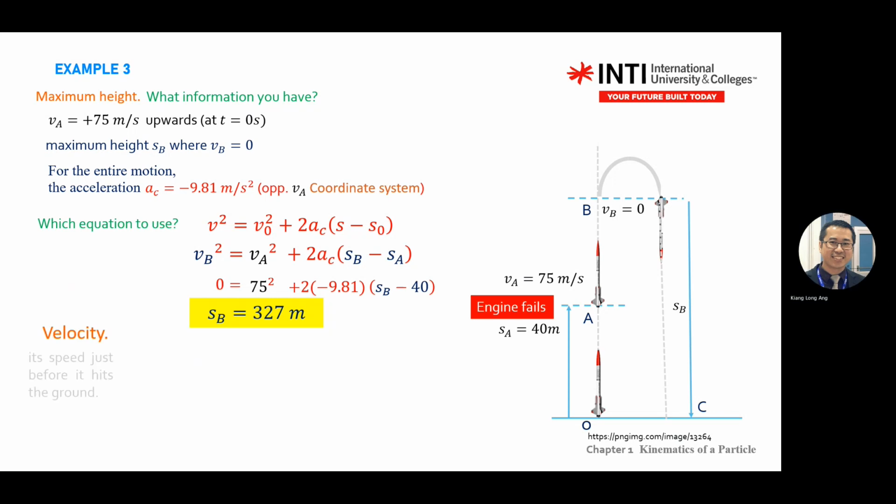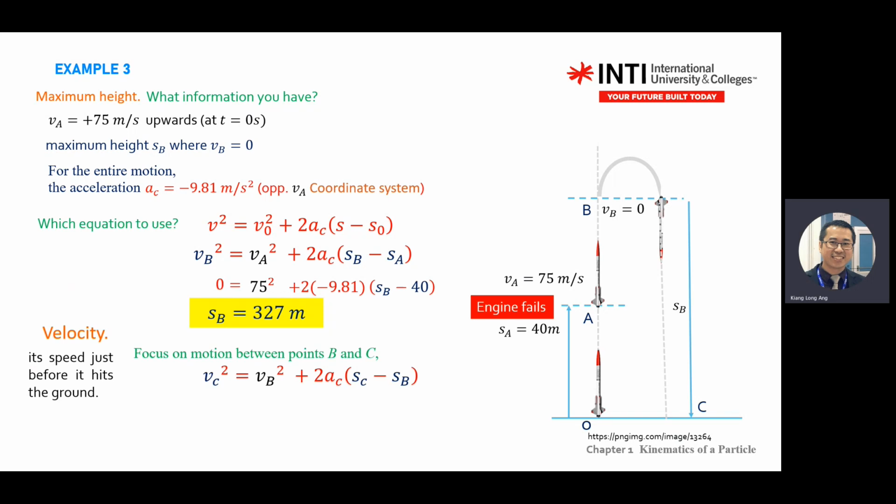Okay, so for velocity, we take point B and point C, substitute VC, this is the final velocity. VB, we take B as our reference and not O here. And AC is negative because acceleration keeps pulling down.